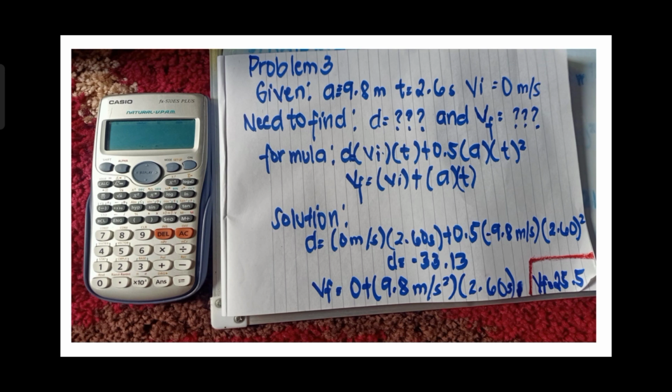Next is the final velocity. 0 plus 9.8 meters per second squared times 2.60 seconds. The final answer, or the value of final velocity, is 25.5 meters per second.